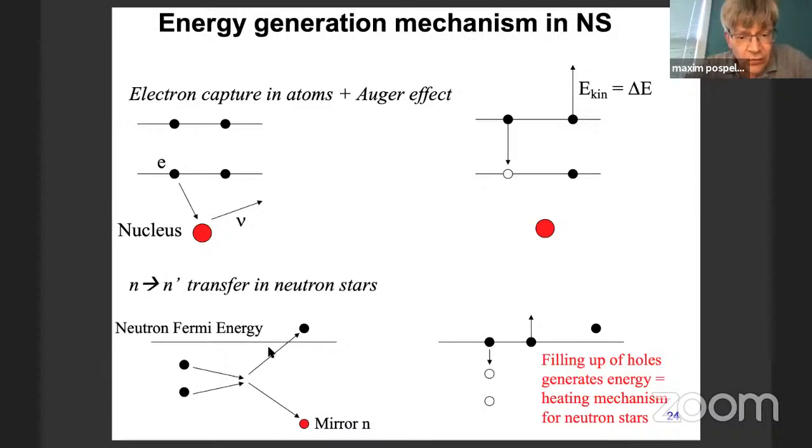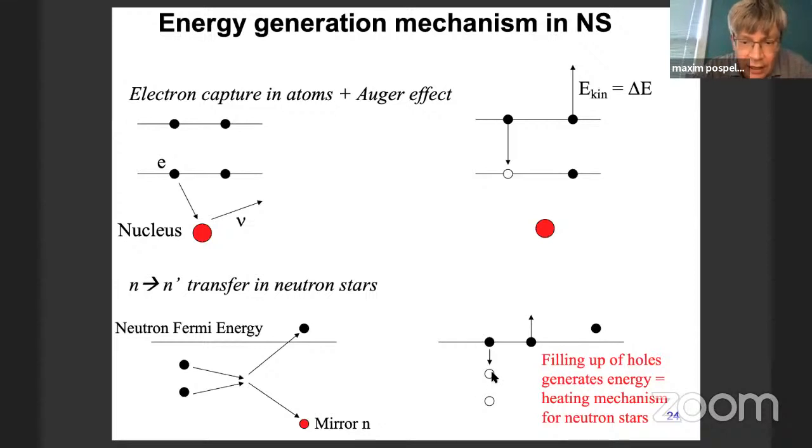So if there are mirror neutrons whose Fermi sea is not filled up, and that occurs when the conversion rate is very small, then you can have a situation in old neutron stars, where the temperature is already small, of two neutrons scattering, producing a third neutron that is thrown above this Fermi energy, while the mirror neutron dives down. So this way you created a new neutron above the Fermi energy.